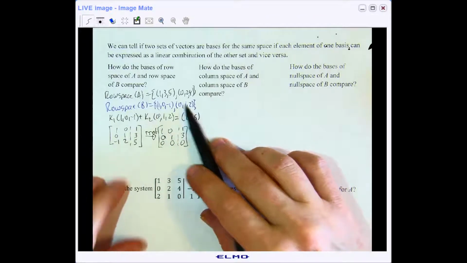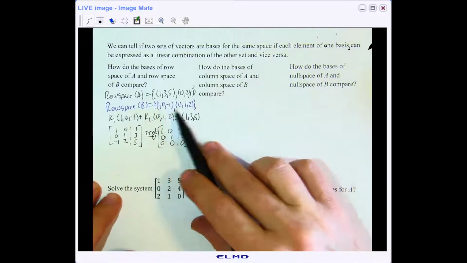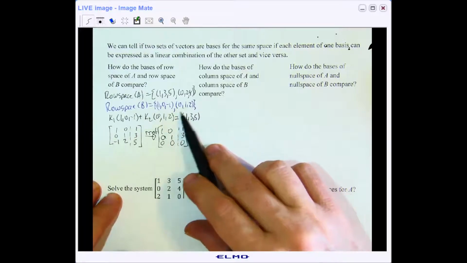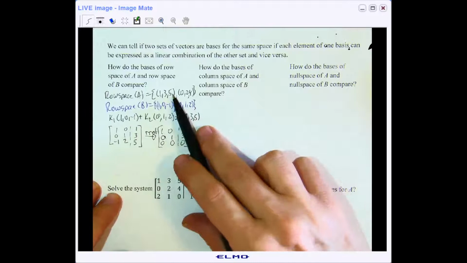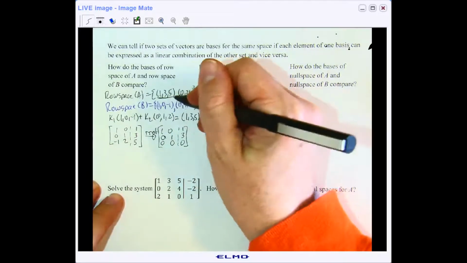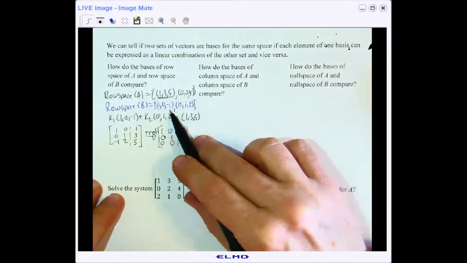Let's check it out. 1 plus 0 is 1. 0 plus 3 is 3, and negative 1 plus 6 is positive 5. So we did that. In fact, you can show that each one of these vectors can be expressed as a linear combination of those and vice versa.